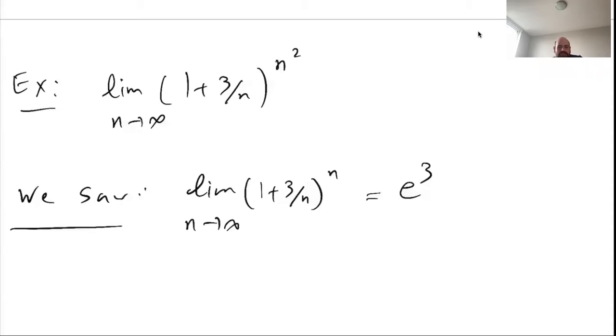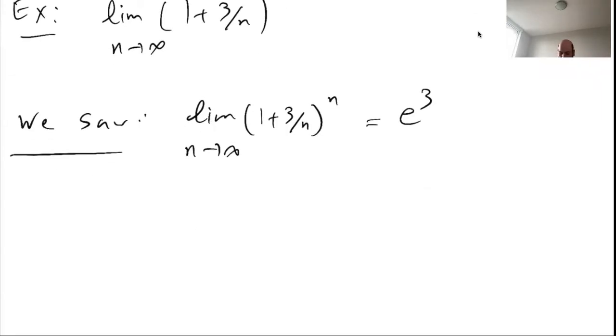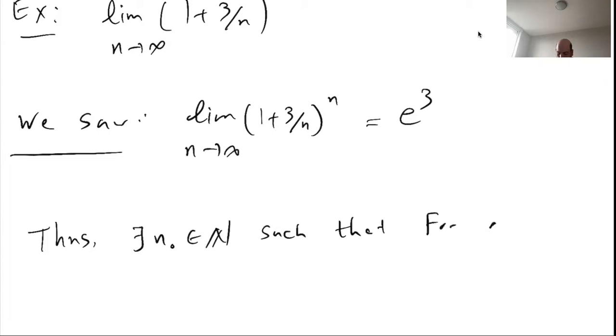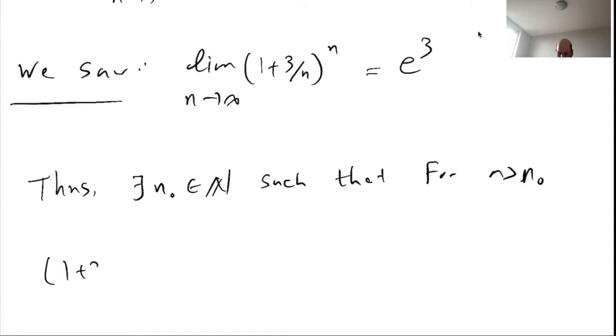So we can say there exists some n0 in the natural numbers such that for n bigger than n0, 1 plus 3 over n to the power n is bigger than 2.